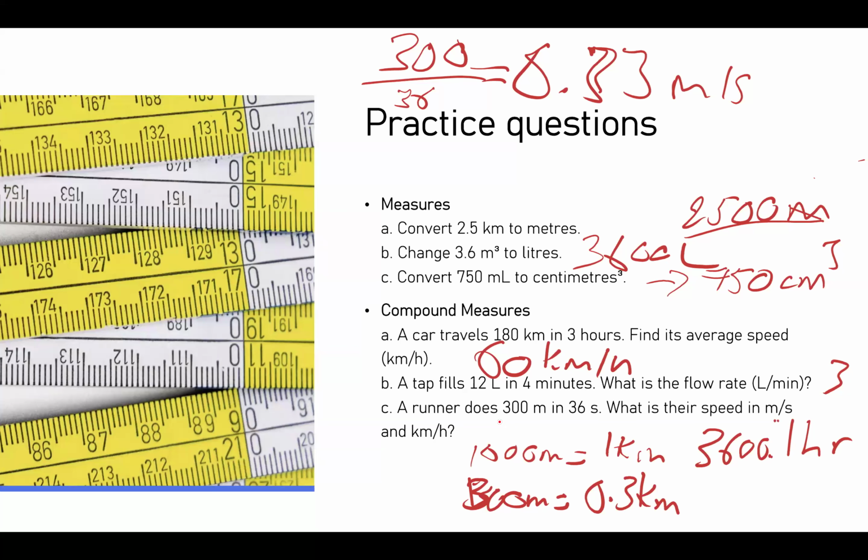So actually, what we would do is 0.3 km divided by 0.01 hours. 0.3.